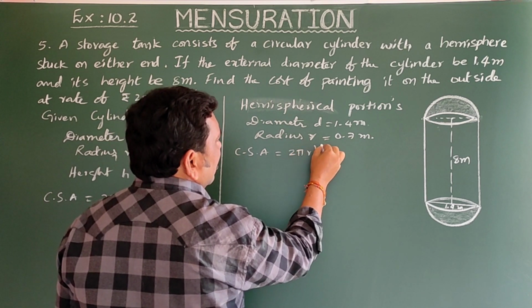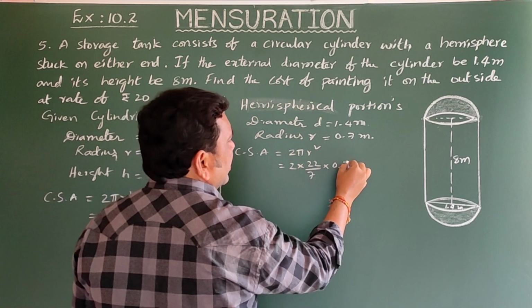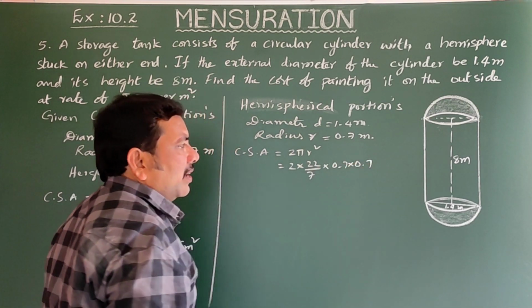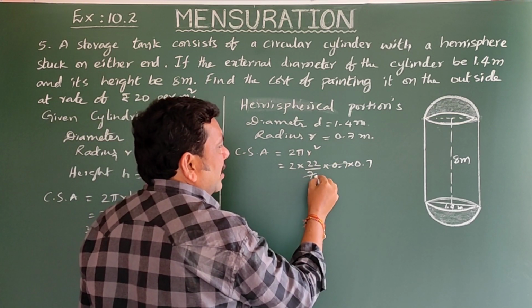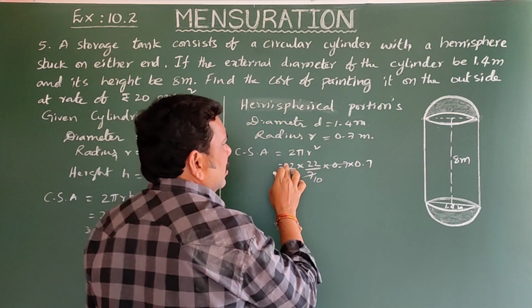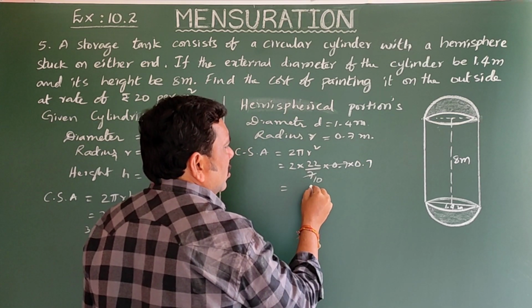2 pi r square, that is 2 into 22 by 7 into radius 0.7 into 0.7, right? 0.7 in 7, 10 times gets cancelled. 2 7s are 14, 14 2s are 28.